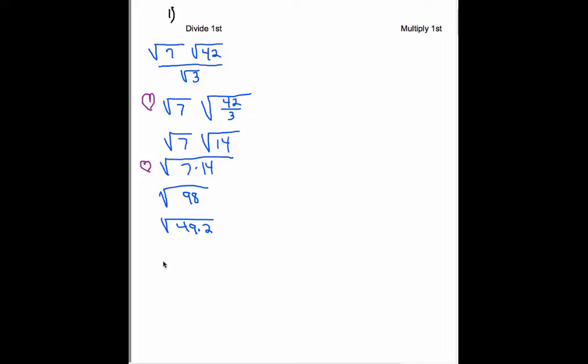We'll now give them a divorce, like normal when we're simplifying square roots. Each one will get its own home. And as a result of that, we will get the square root of 49 times the square root of 2. Final answer, 7 times the square root of 2.